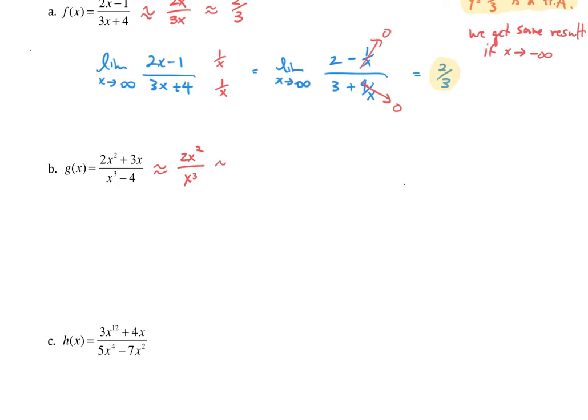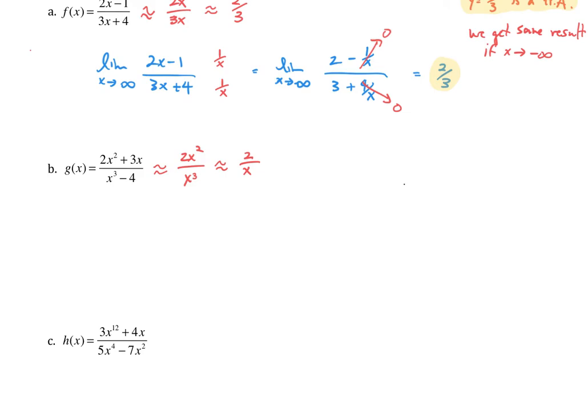When I simplify this down, it basically behaves like 2 over x. As x goes off to infinity, this whole fraction is going to go to 0. So I'm anticipating that this function g of x will have a horizontal asymptote at 0.